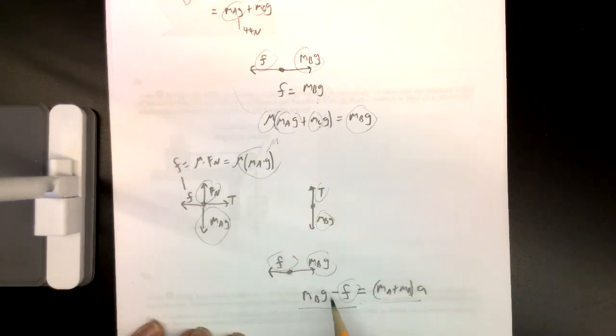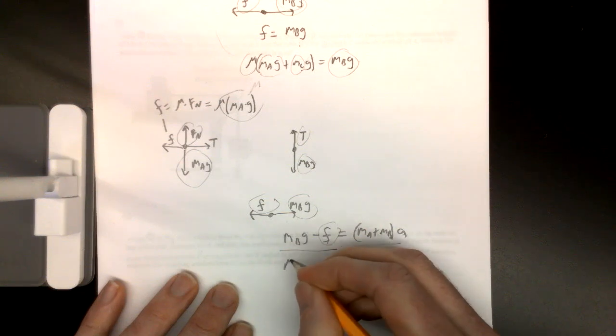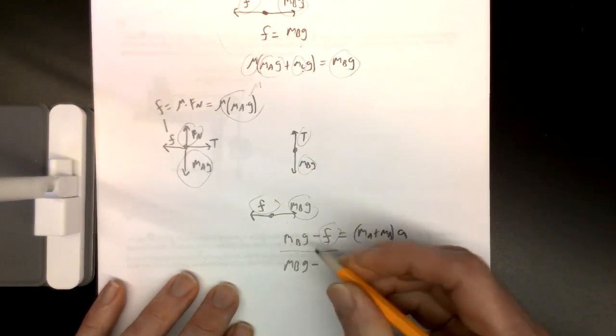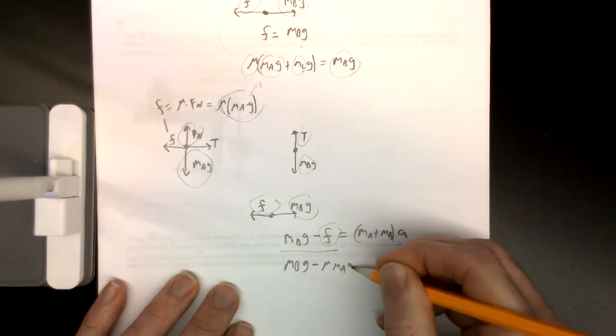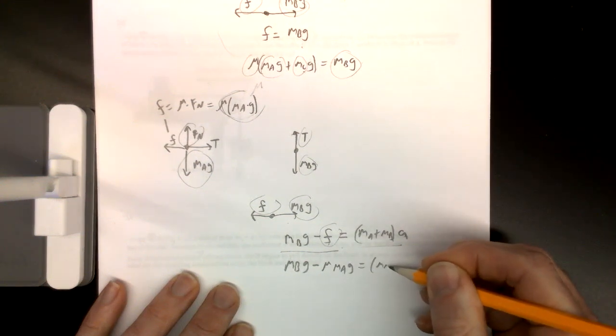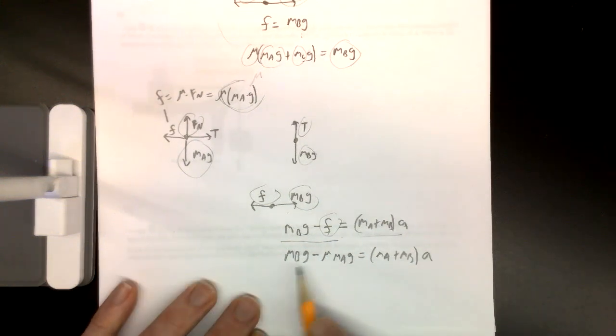So that's what my friction force is down here. And ultimately, we're looking for the acceleration. So just to write this one step further, I've got mbg minus this whole thing, mu mag, equals ma plus mb times acceleration. And these are all things that we know.